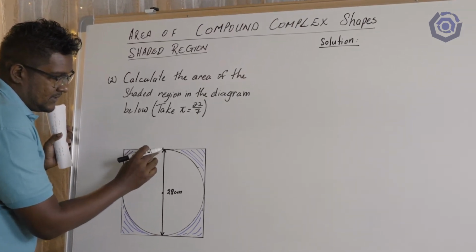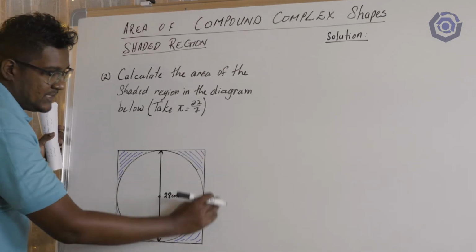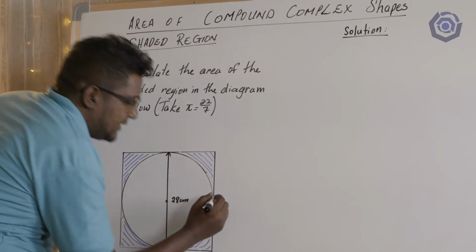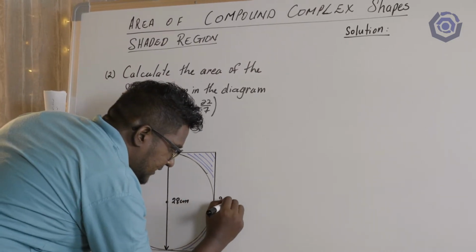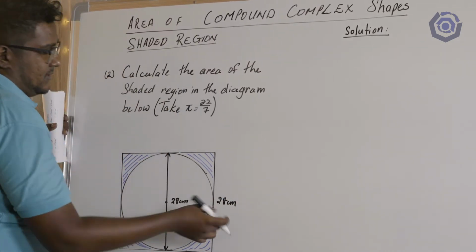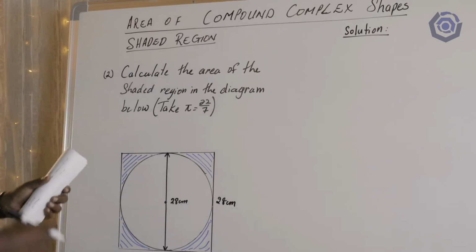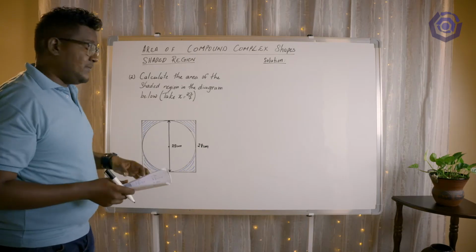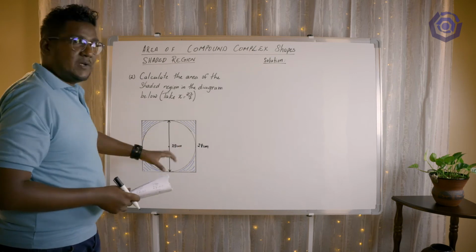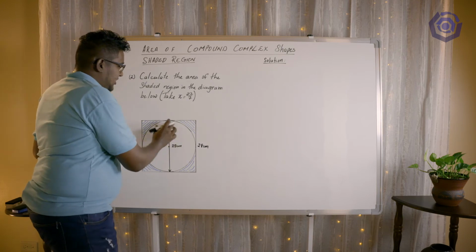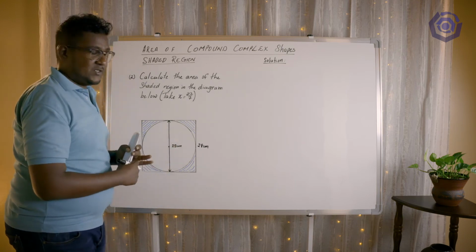So that means the diameter on one side of our square carries the same measurement. So if this is 28, then this is also 28 cm. And all four sides are 28. Now if you notice again, we have a big shape and we have a little shape. So our big shape is the square, and our little shape would be the circle inside of the square.